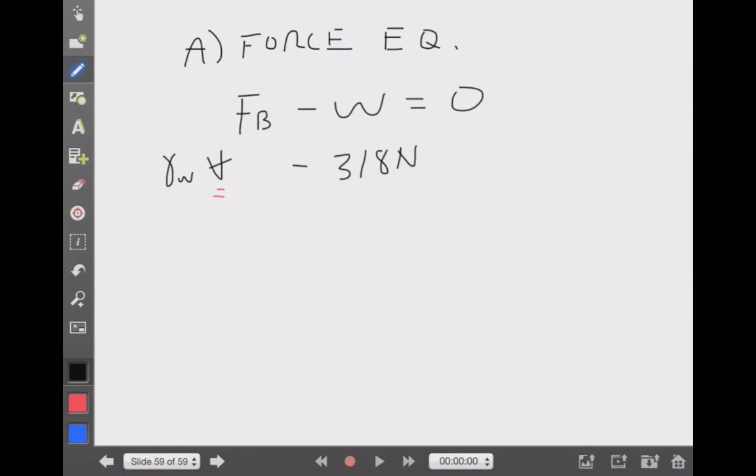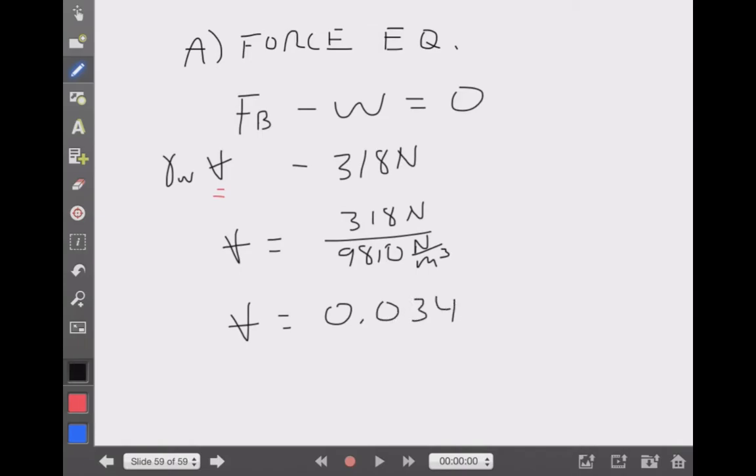V is just equal to 318 newtons divided by 9810 newtons per meter cubed, and the volume in this case turns out to be 324 meters cubed. So that's our volume, and we're going to need that later on.